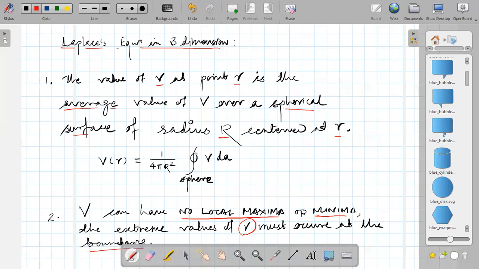These are the two basic properties of Laplace equation in the three-dimensional case.